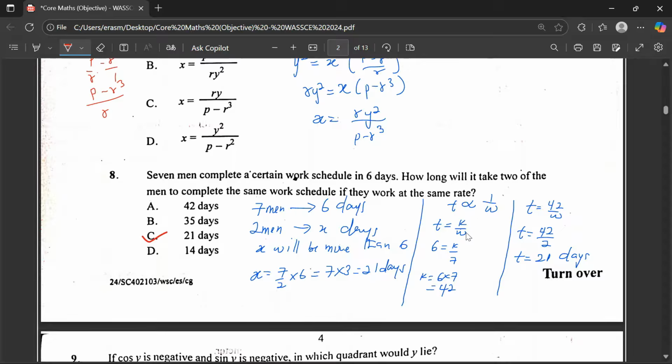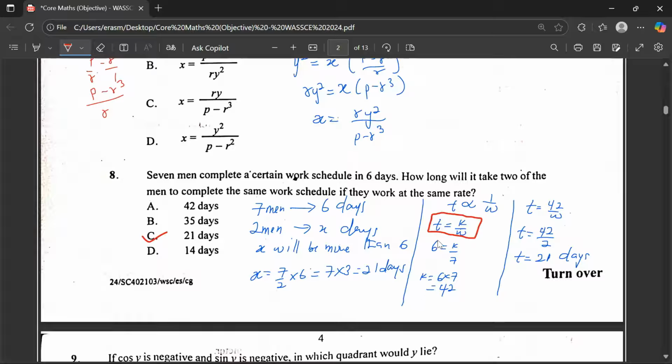Lesser number of workers to do the work. So to change this proportionality sign, we are going to bring equal to and then add a constant k. Now we were told that 7 men take 6 days to complete the work. And so we are going to substitute these values into this equation so that we can find the value of k.